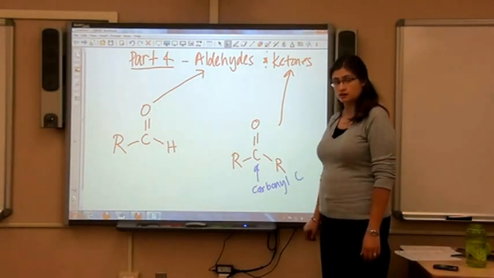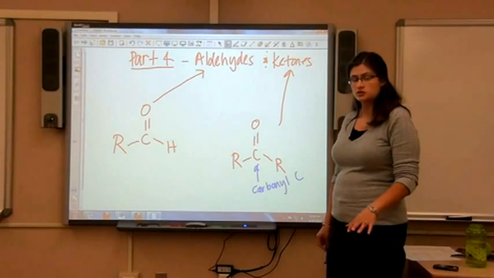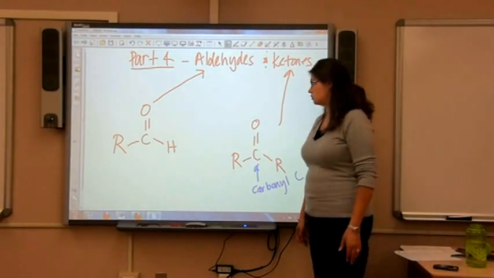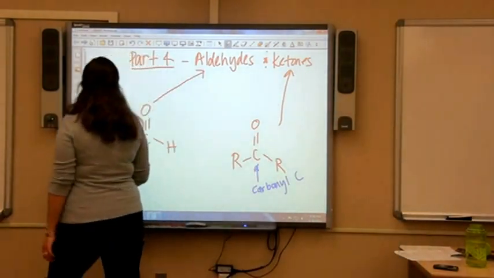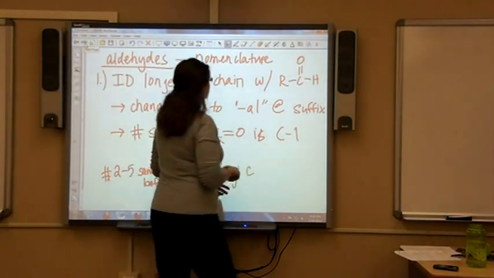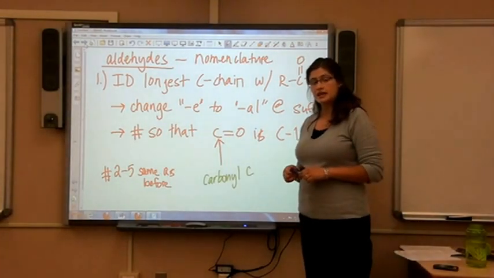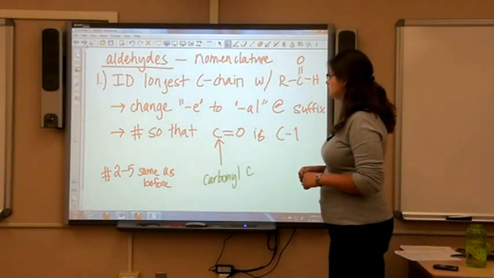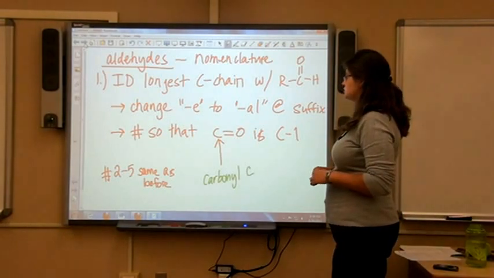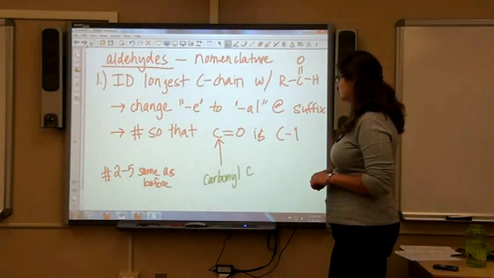C-A-R-B-O-N-Y-L, carbonyl. That's the carbonyl compound. I'll be using that terminology as I'm going through, so make a note of that. Okay, so let's start with nomenclature. We're going to first identify the longest carbon chain that contains the CO double bond. Then we'll change the ending E, the very last E, to AL.